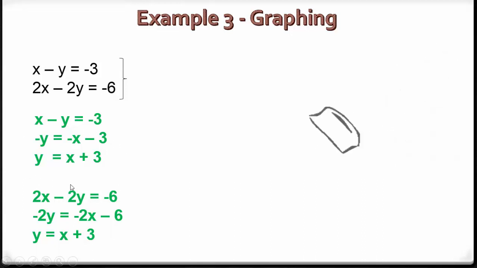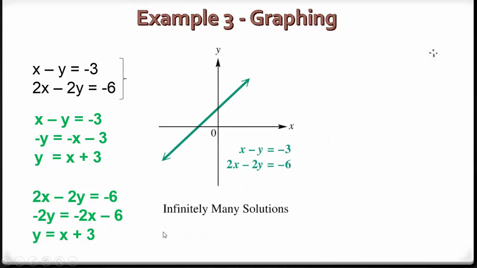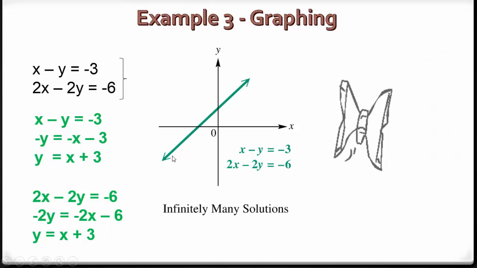Look, I get the same formula for both. So if I graph them, they are the same line. Both these equations are essentially the same line. And what this means is that they have infinitely many solutions in common, or one can say all their solutions in common.